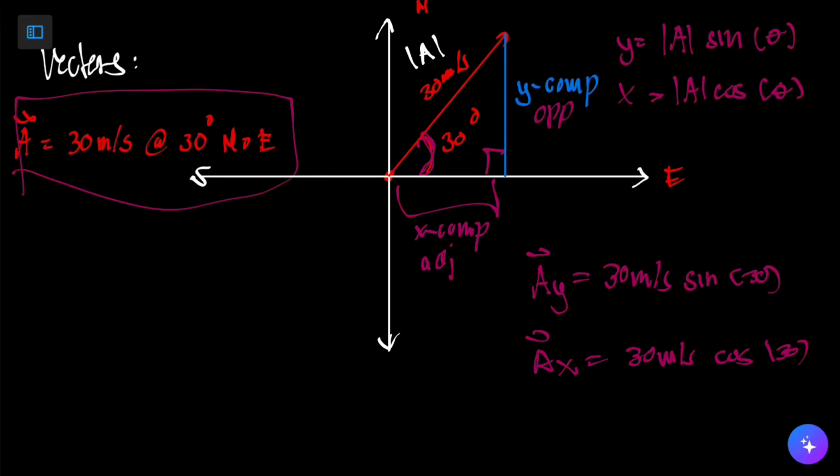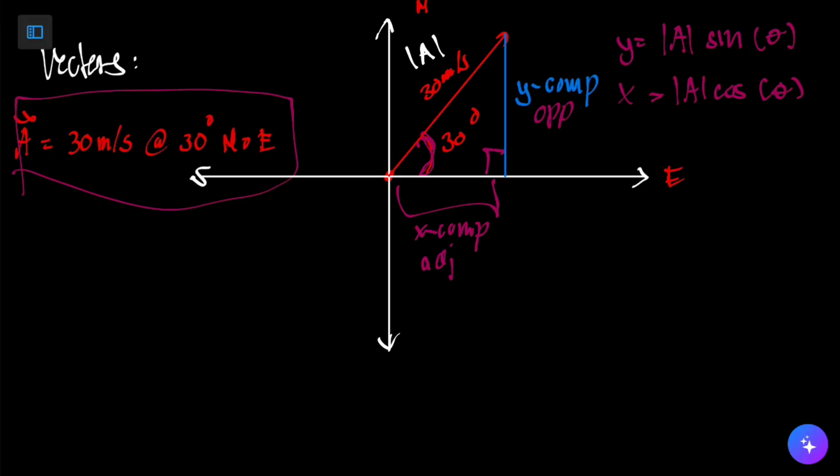And the answer, I will leave you to answer that question, and I will post the answer in the comments. So now that's the mathematical way to resolve your vector into its x and y components.